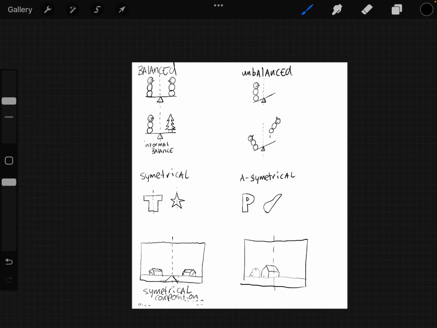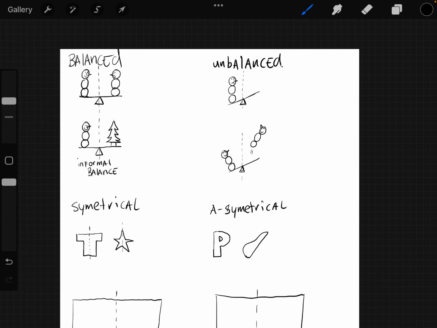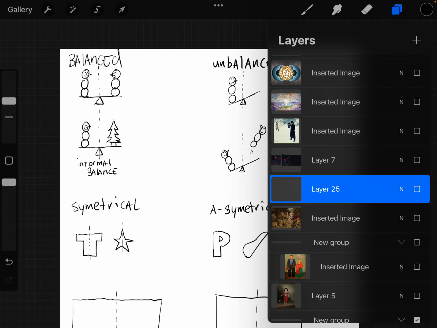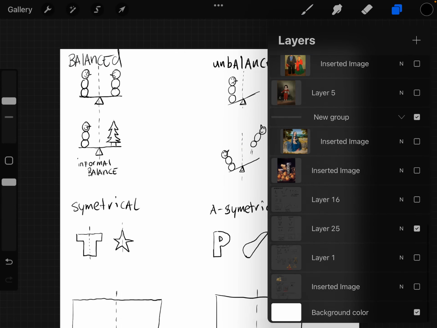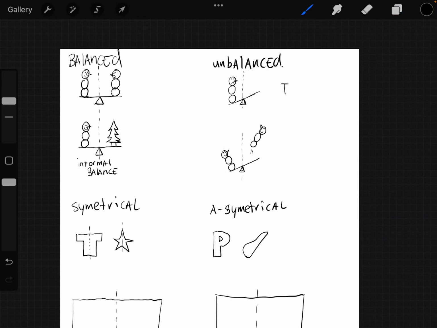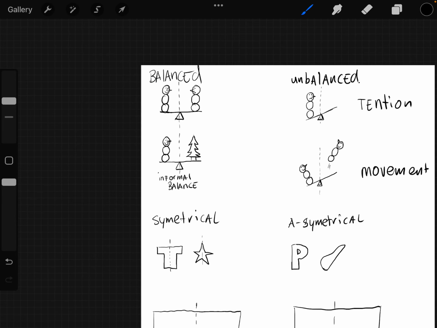For example, if you want to create something with movement, or you want to create tension, then you want to use something that is unbalanced, that is key. Look, this one creates tension. This one creates movement, right?